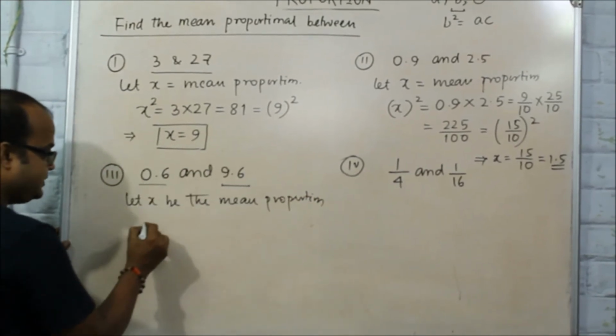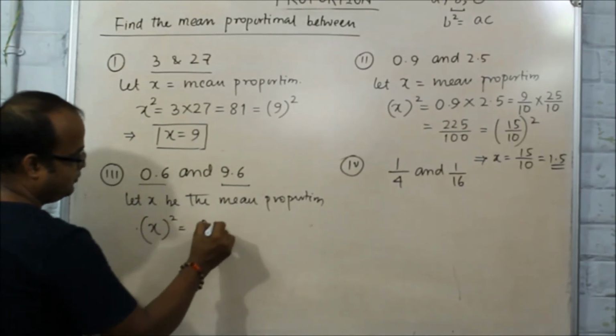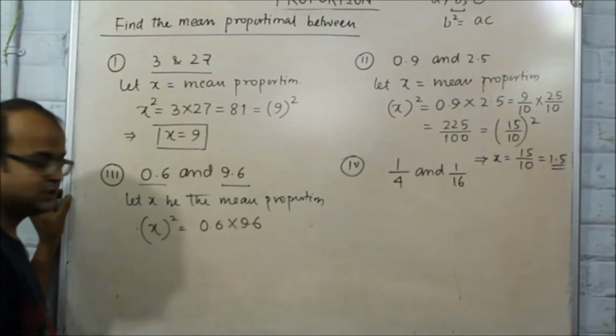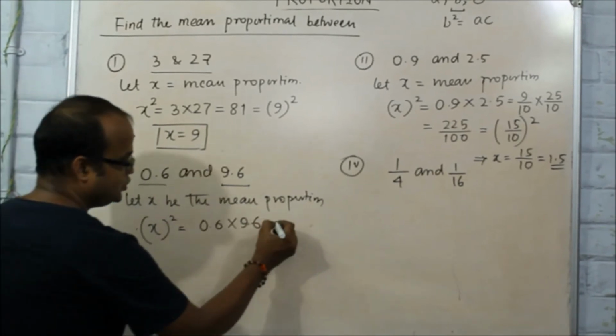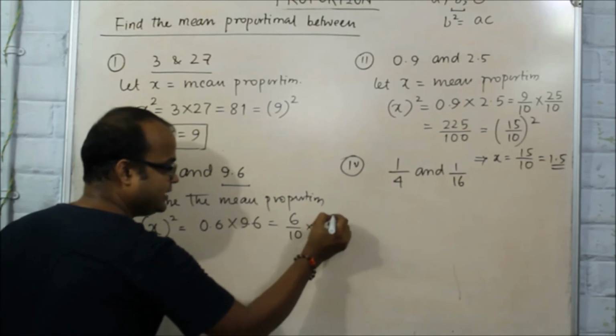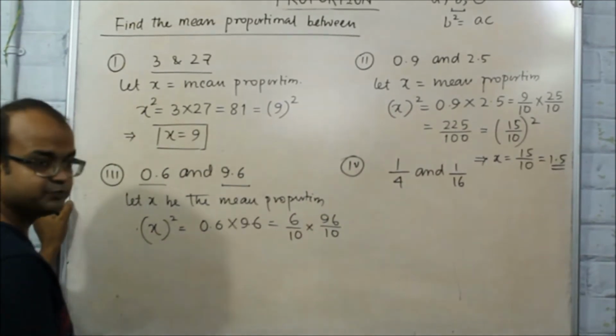Now if x is the mean proportion, then x square is equal to 0.6 into 9.6. Now 0.6 can be written as 6 by 10 and 9.6 can be written as 96 by 10.